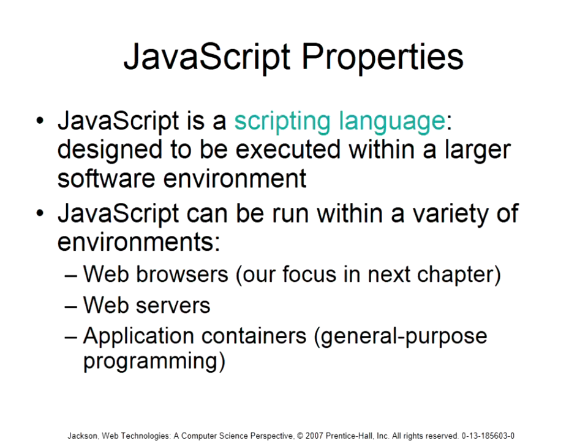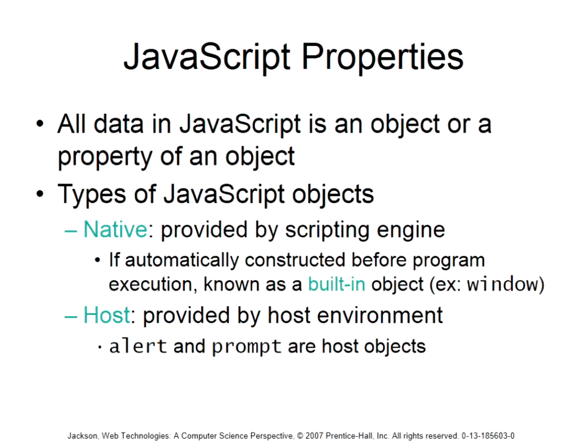So what is JavaScript? JavaScript is a scripting language designed to be executed within a larger software environment. So JavaScript can be run within a variety of environments like web browsers, our focus in this chapter, web servers, application containers, etc. All data in JavaScript is an object or a property of an object.